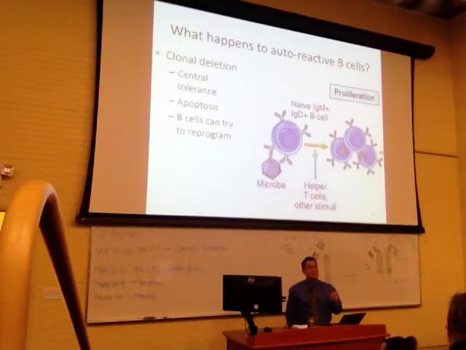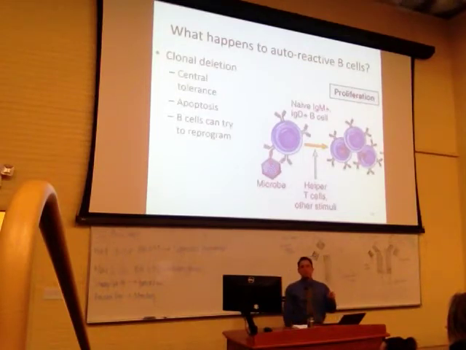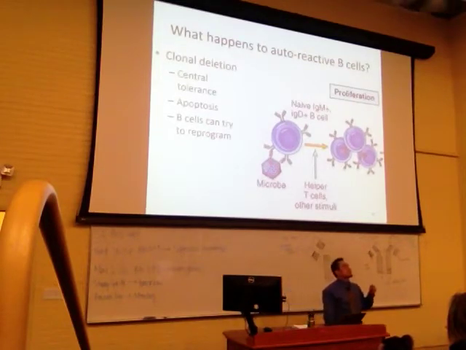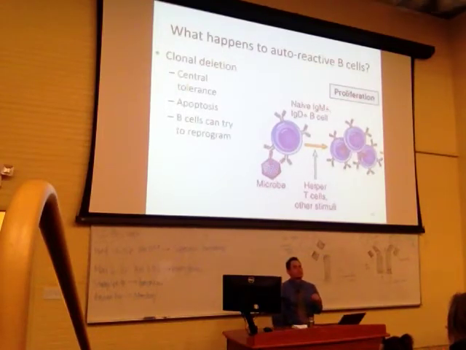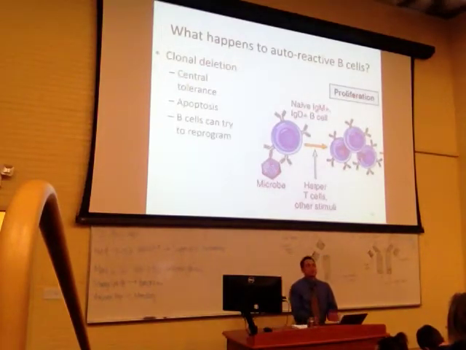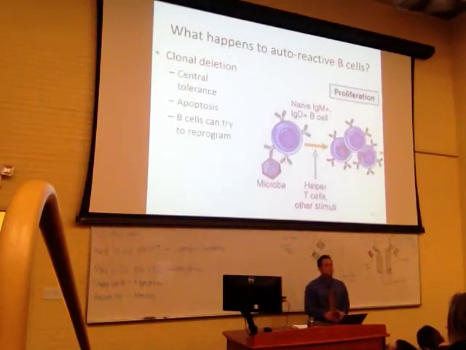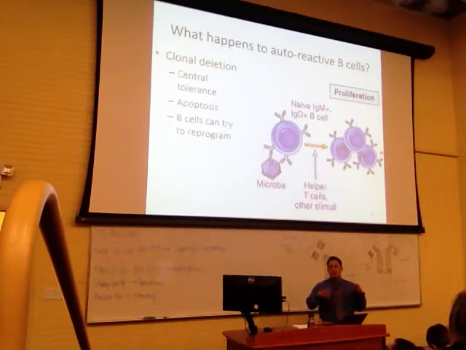But in the B cells, remember, the B cells come from the bone marrow, they don't go to the thymus. They only have a central tolerance in the bone marrow, and they don't have a backup mechanism like what you saw with T cells. T cells have a backup mechanism known as what? The peripheral tolerance. B cells in the bone marrow only have central tolerance.